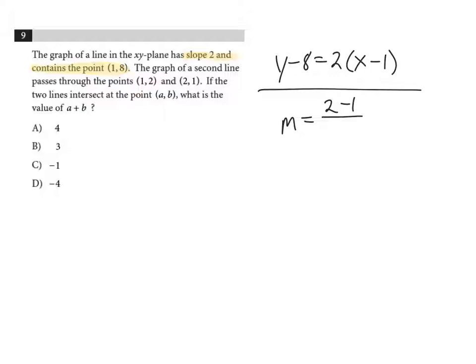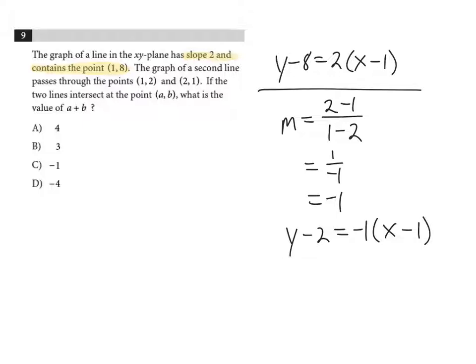Oops, I mixed that up. 2 minus 1 over 1 minus 2. Okay, that's going to be 1 over negative 1. It's just negative 1. Okay, I'm going to write this equation in point slope form. y minus 2 equals negative 1 times (x minus 1).